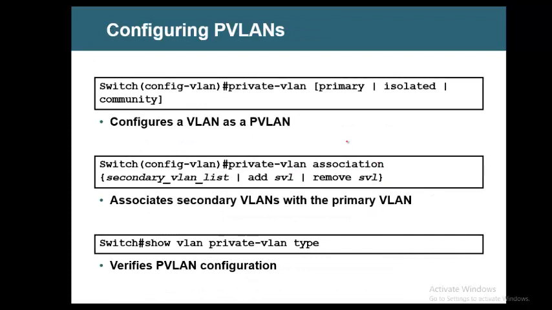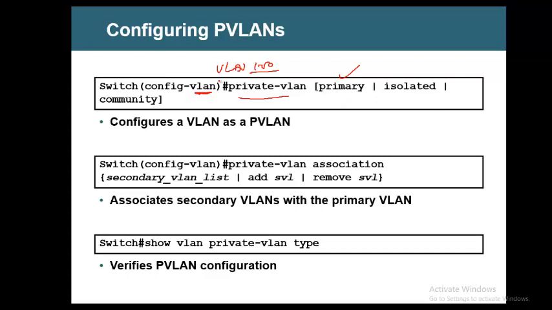What we do is first we say private VLAN. First, we need to say VLAN 100, and you will be inside the VLAN mode. Now you need to say whether this is a primary VLAN or not. Yes, for us it's the primary VLAN.